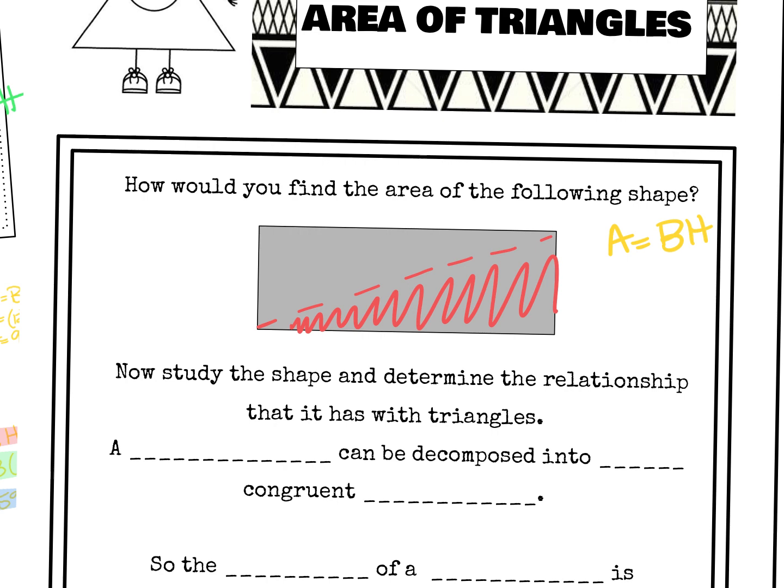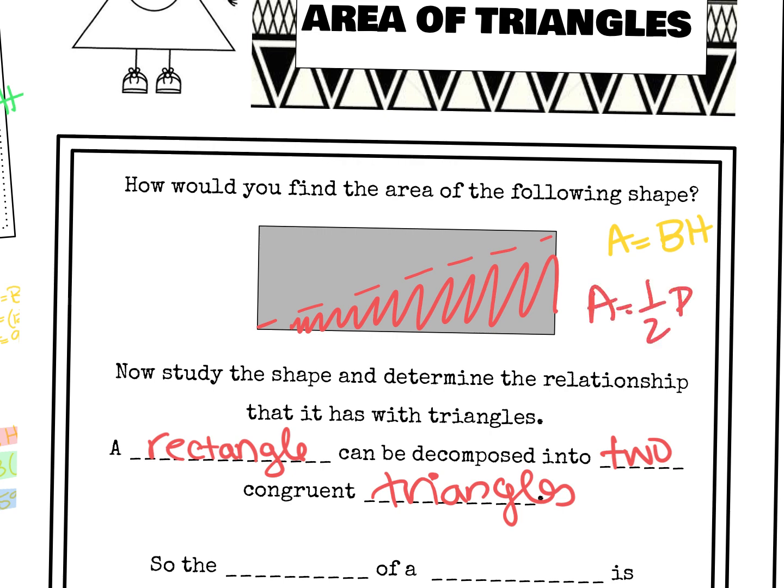So a parallelogram, or a rectangle, I'll put a rectangle. A rectangle can be decomposed into 2 congruent triangles. So from that one rectangle, I can get 2 congruent triangles. Basically what I just did is split it in half. I just want half of it, and that's where the fraction comes in.